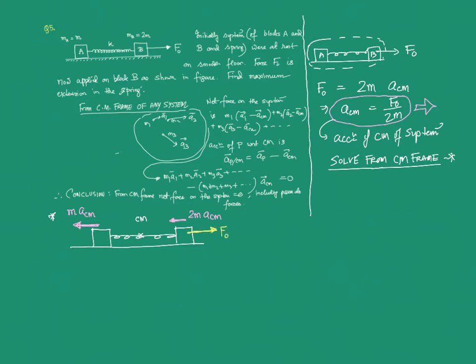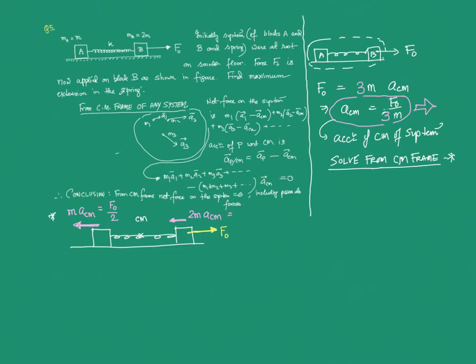So M into ACM becomes how much? F naught by 2. So 2M into ACM becomes... sorry, that will be 3M, right? I have made a mistake. So the total mass is 3M, not 2M.